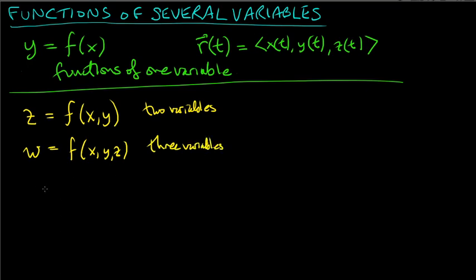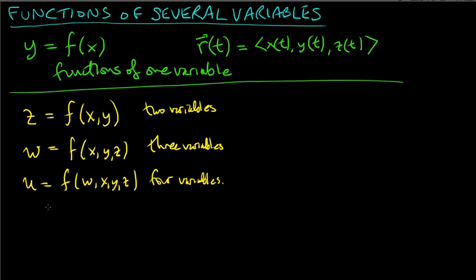And of course, you can have a function of four variables. Say u could be a function of w, x, y, and z. We're not going to deal with those all that much, maybe once or twice. And of course, you can go on. At some point, it gets ridiculous to just use letters.